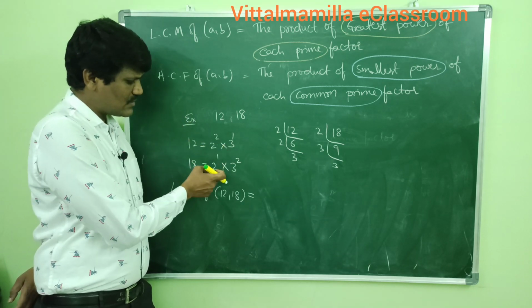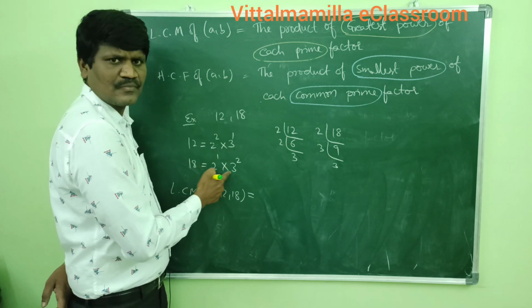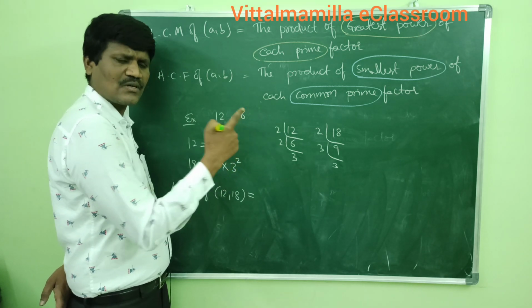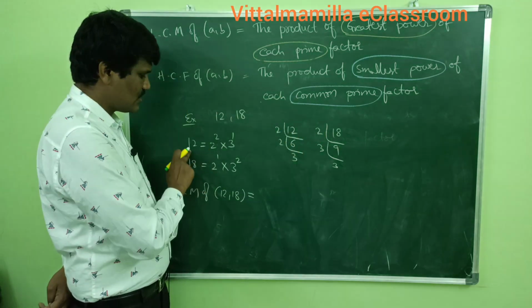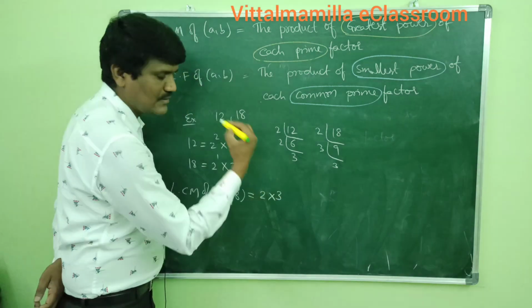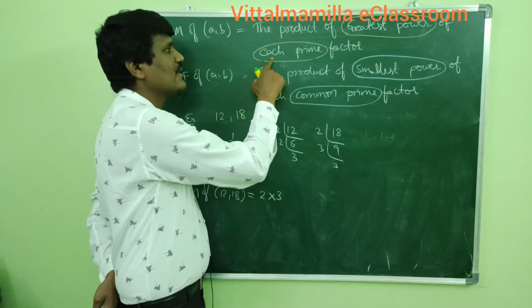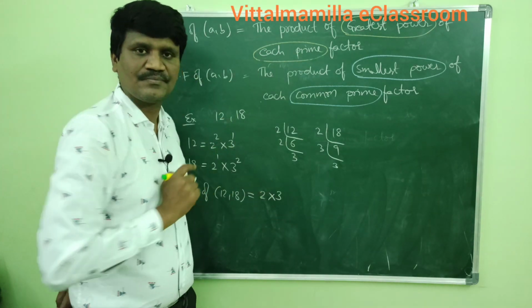What are the prime numbers we are having? 2, 3 in this, here also 2, 3. Sometimes it may be different numbers. So for 12 and 18, we are having only 2 and 3. So we should take each prime factor product.